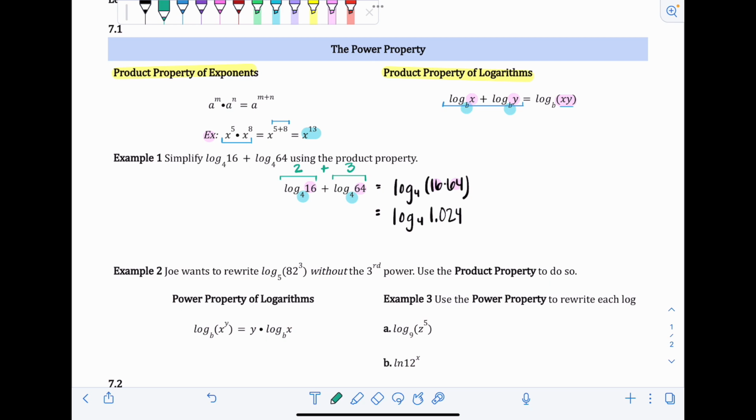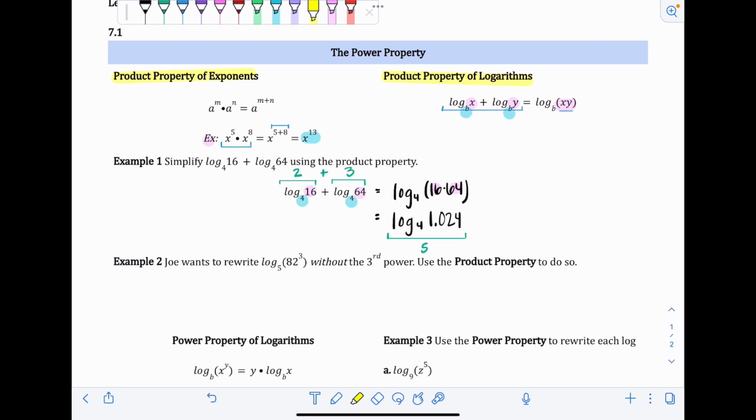And then log base 4 of 1024 is saying 4 to what power equals 1024, and that's 5. 4 to the 5th power equals 1024. So even if we evaluate all the logarithms, we should still have something true. What we have is 2 plus 3 equals 5, which is correct, which is why the product property works, and it'll always work out that way.